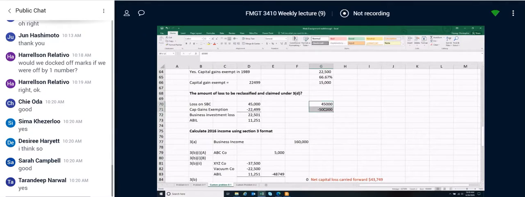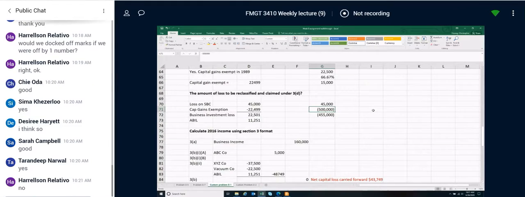okay? Well, at the end of the day, you're not a net loser. You're a net gainer, right? 45,000 was our SBC loss. You back out the 500,000 capital gain, you're a net gainer. So guess what? Can you claim an ABIL? No, you can't, because you are not a net loser. Okay?